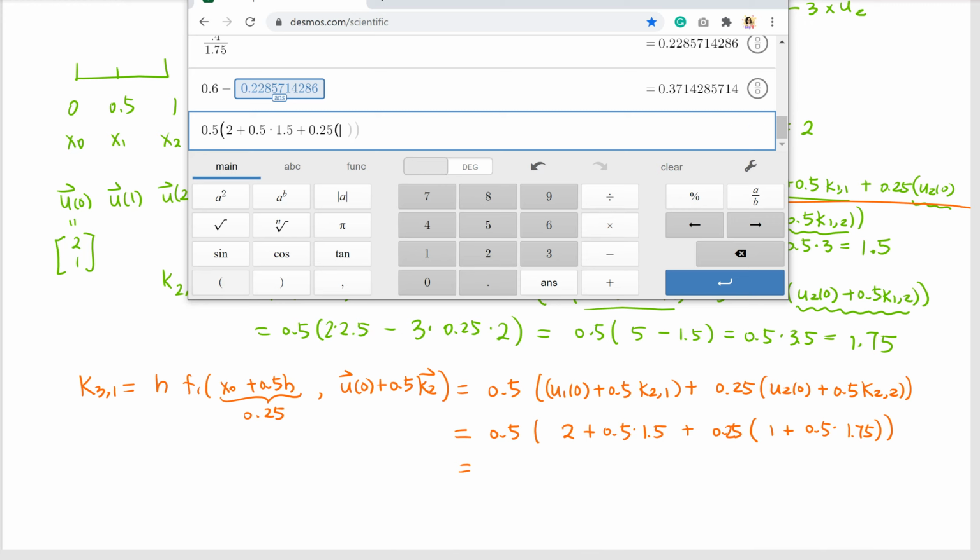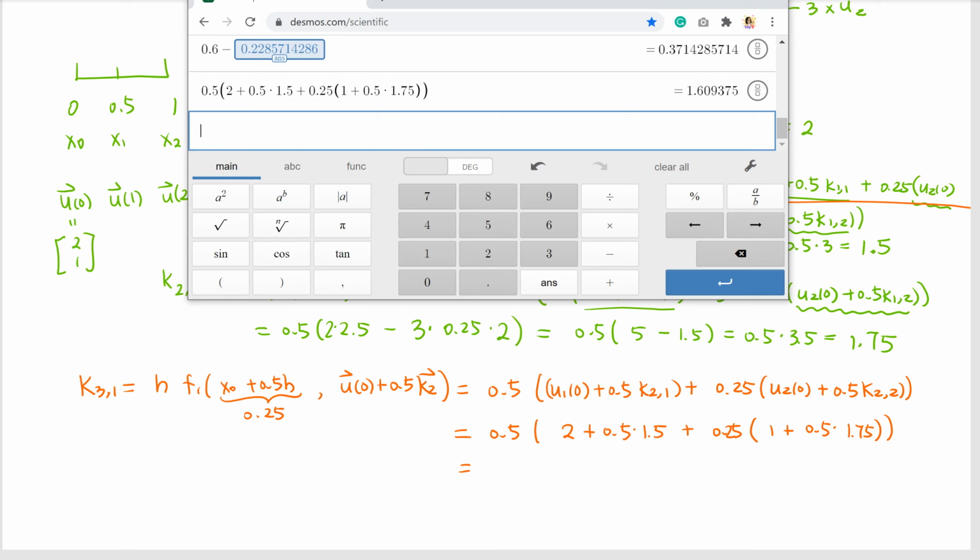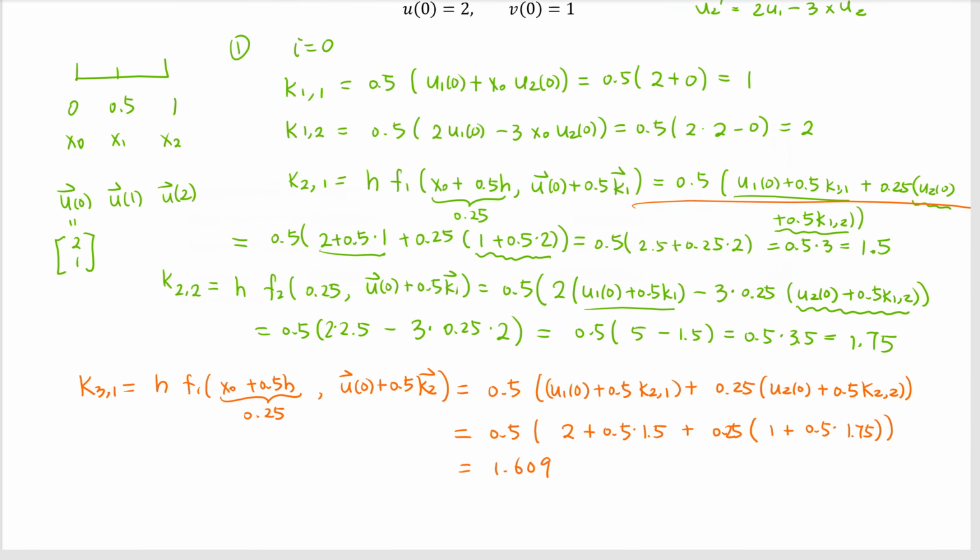And then times 1 plus 0.5 times 1.75. Okay, so the answer is 1.609375. Okay, so that's K31.